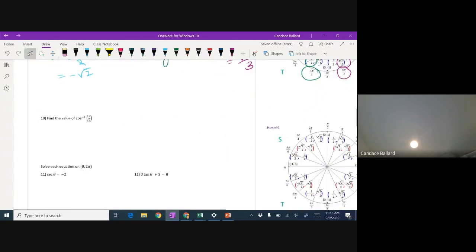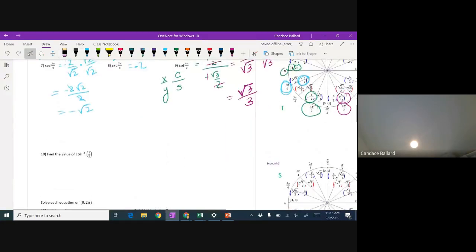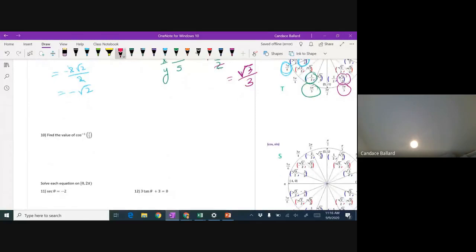All right, so now I need to find the value of cosine inverse, or what we call arc cosine, of 1/2. Only on this one single problem would we be restricted to quadrants 1 and 2 for cosine. Remember, for arc sine and arc tangent, we are restricted to 1 and 4.